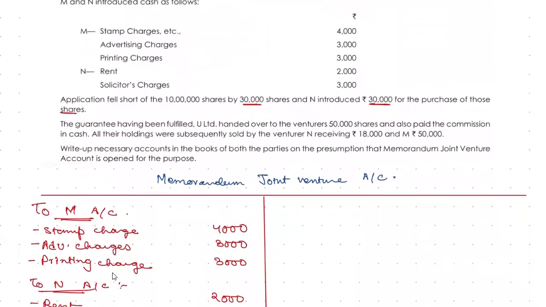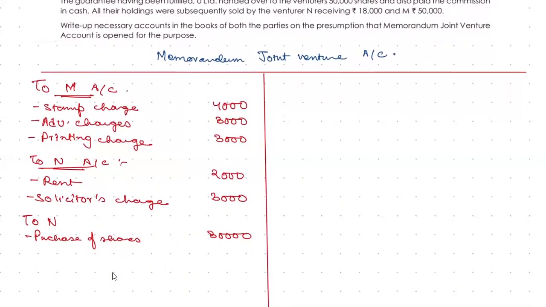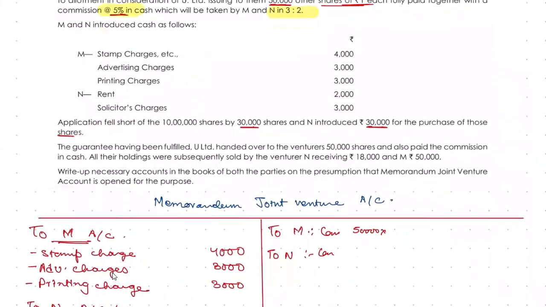So it is income for them. तो याद रखिएगा, ये मेमोरेंडम ज्वाइंट वेंचर है, यहाँ पे एक्सपेंसेस इस साइड और इनकम्स इस साइड. तो To M account, to N account, both are commission 50,000. M and N 3:2.